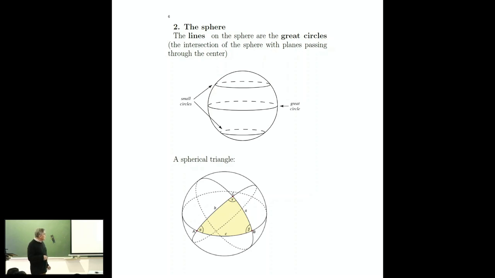So anyway, you have spherical triangles, and you have angles. First, you must ask the question: what is an angle? In fact, I have a geometry with points and lines.